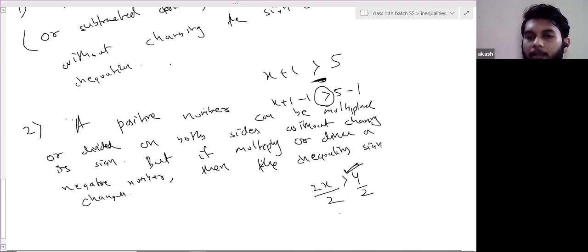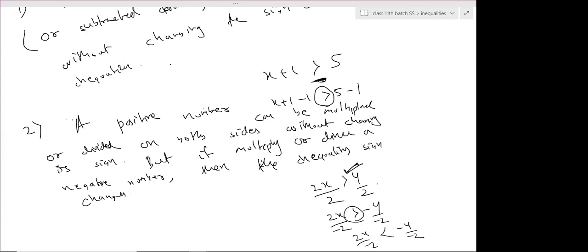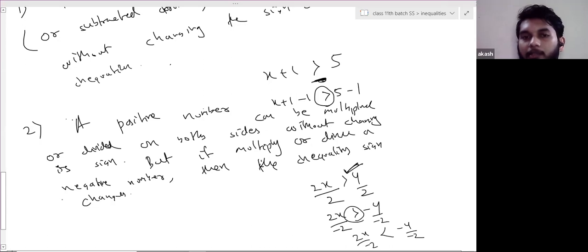But if you want to divide by a negative number, suppose I divide by minus 2 on both sides, then this sign will change. This will become 2x upon minus 2 less than minus 4 upon minus 2. Is it clear, Fahad? Yes. Very important thing. This is the only thing that changes from the things we have done since childhood. All right, note this down.